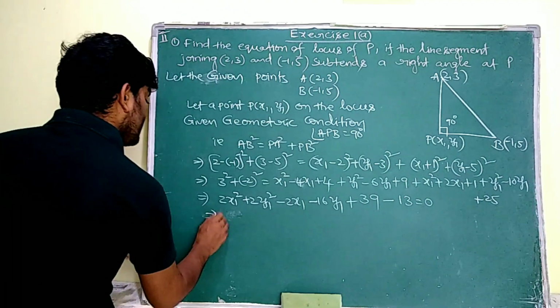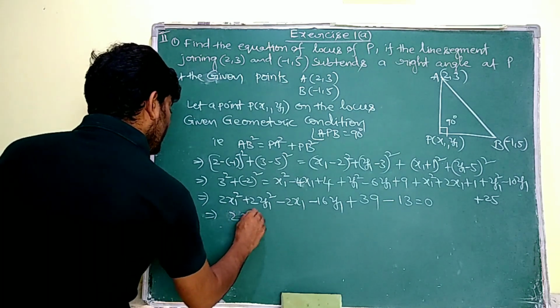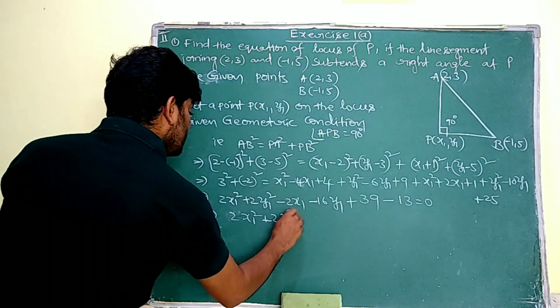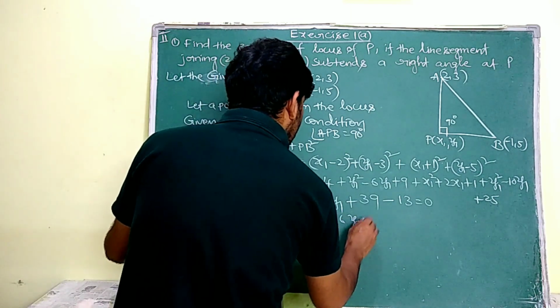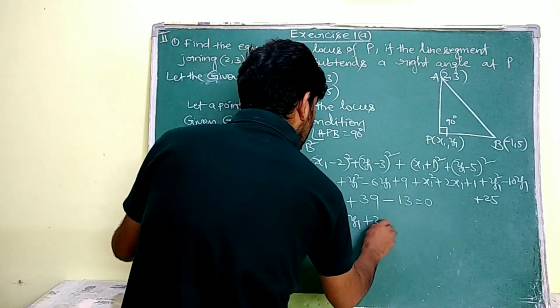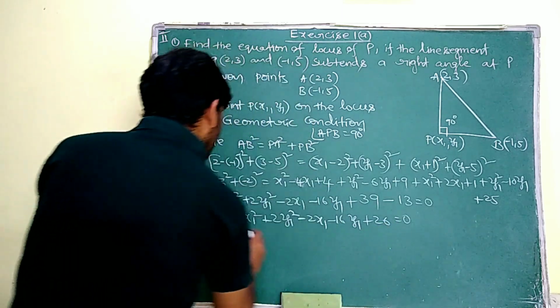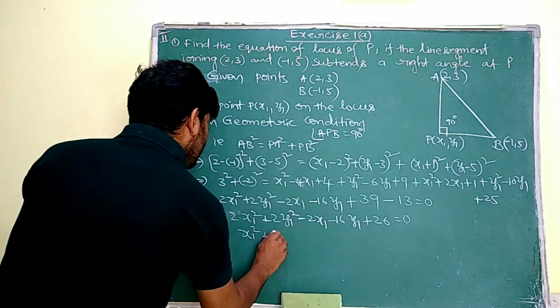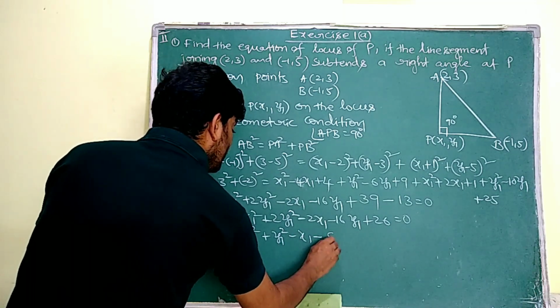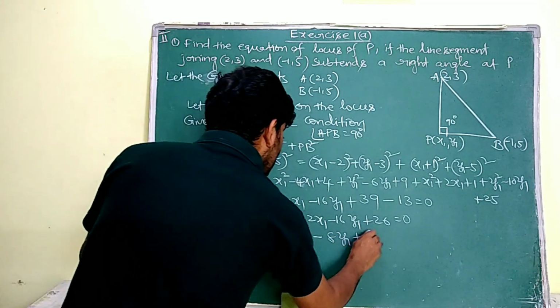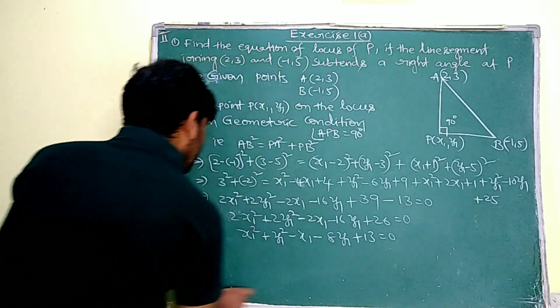That implies 2x1 square plus 2y1 square minus 2x1 minus 16y1 plus 26 equals 0. Dividing by 2, x1 square plus y1 square minus x1 minus 8y1 plus 13 equals 0.